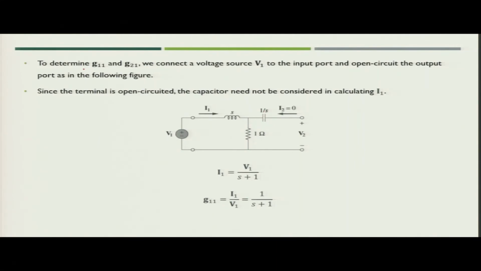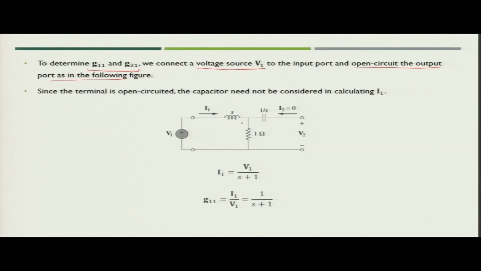Now to find out the value of G11 and G21, we will connect a voltage source V1 to the input port and open circuit the output port, as we see in this figure. So here I2 will be 0 and we will have current I1 flowing from the input port. Now what is the value of I1?